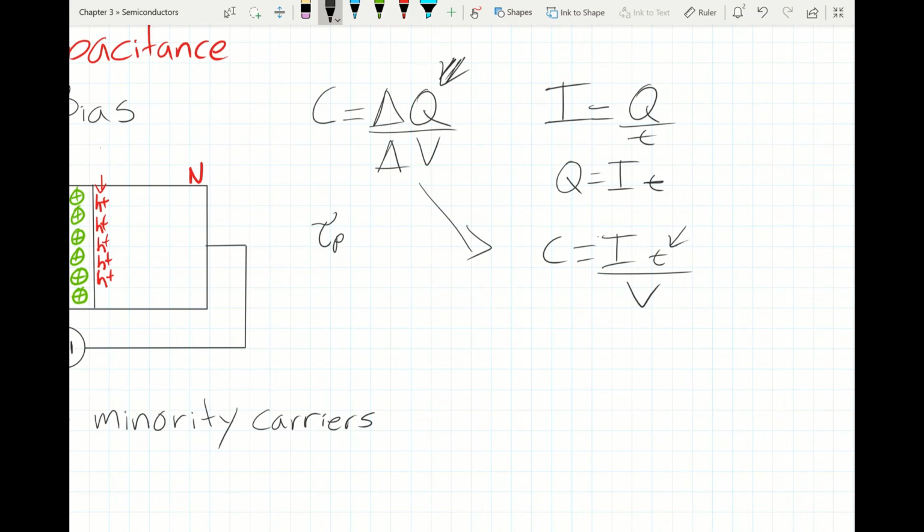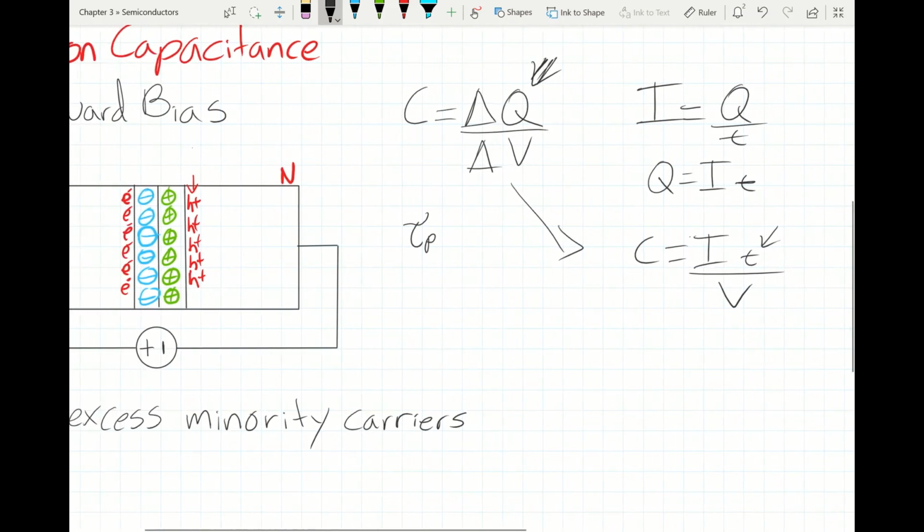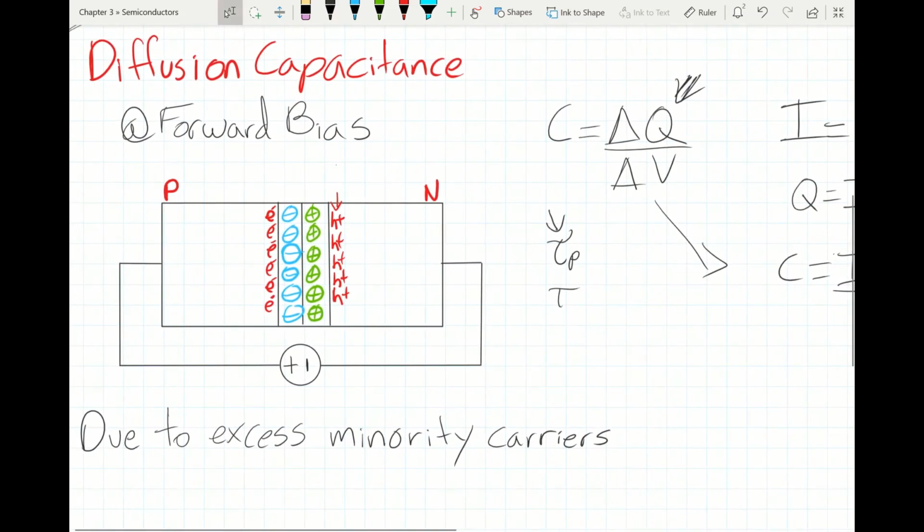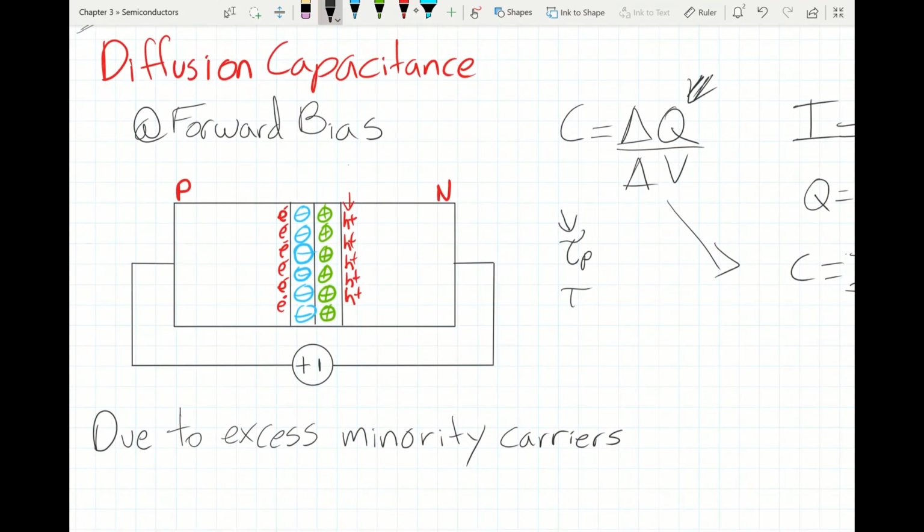This time is going to be due to this minority carrier lifetime that we have right here, but not just the lifetime of holes. We also have a lifetime of electrons, and that's when minority carrier electrons here on the p side recombine with majority carrier holes, so they have their own lifetime.